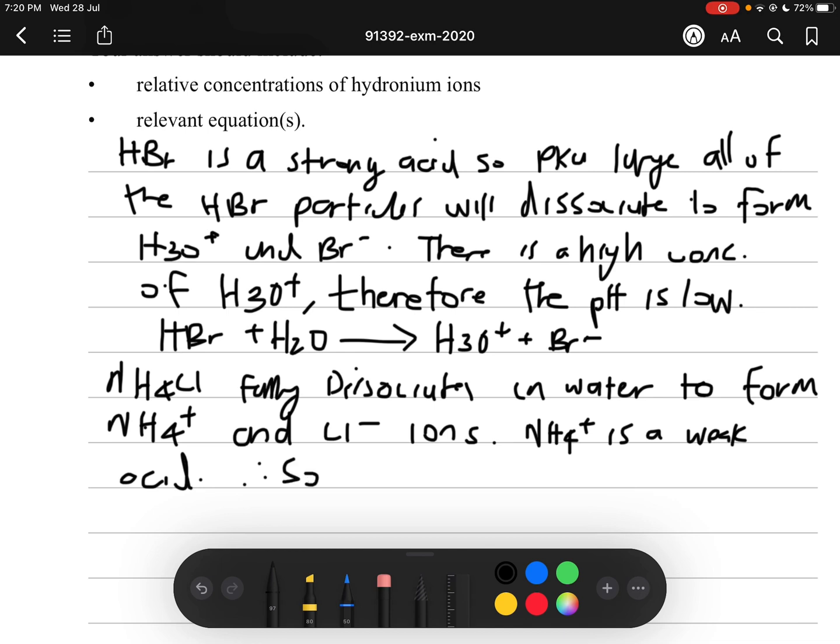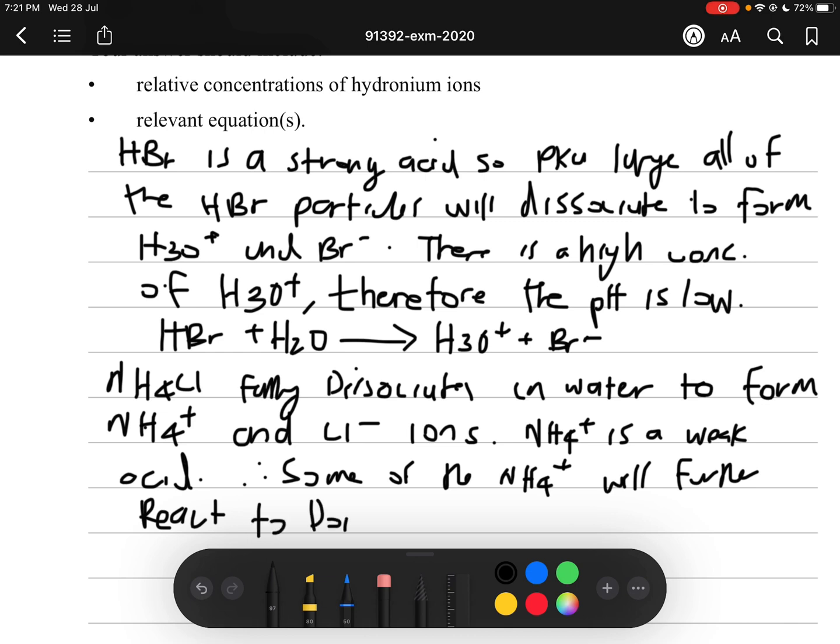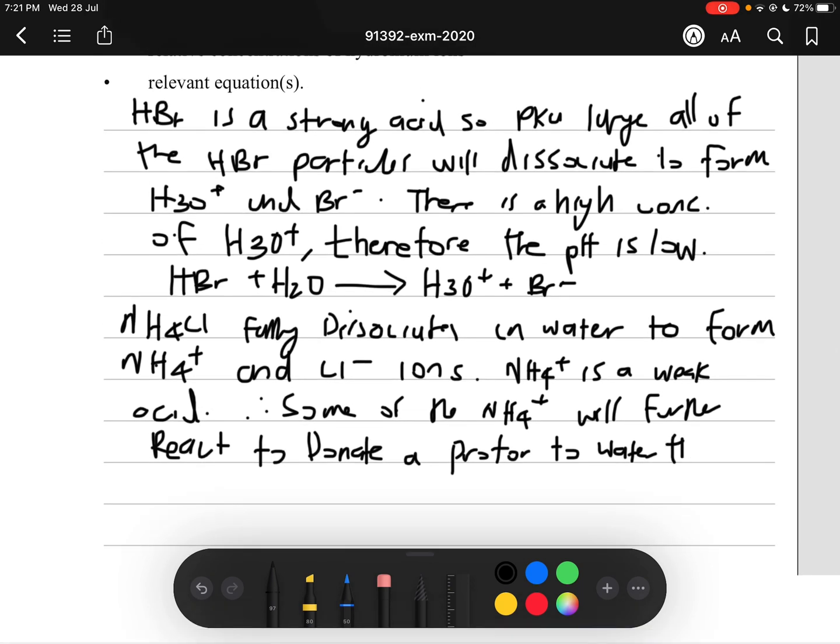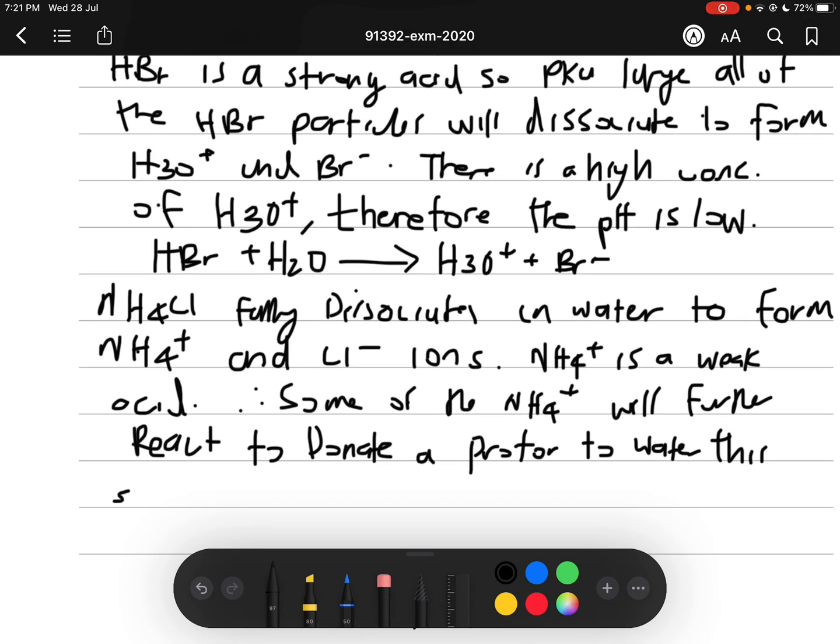So therefore, some of the NH4 plus will further react with water as an acid to donate a proton to water. And this forms some excess hydronium.